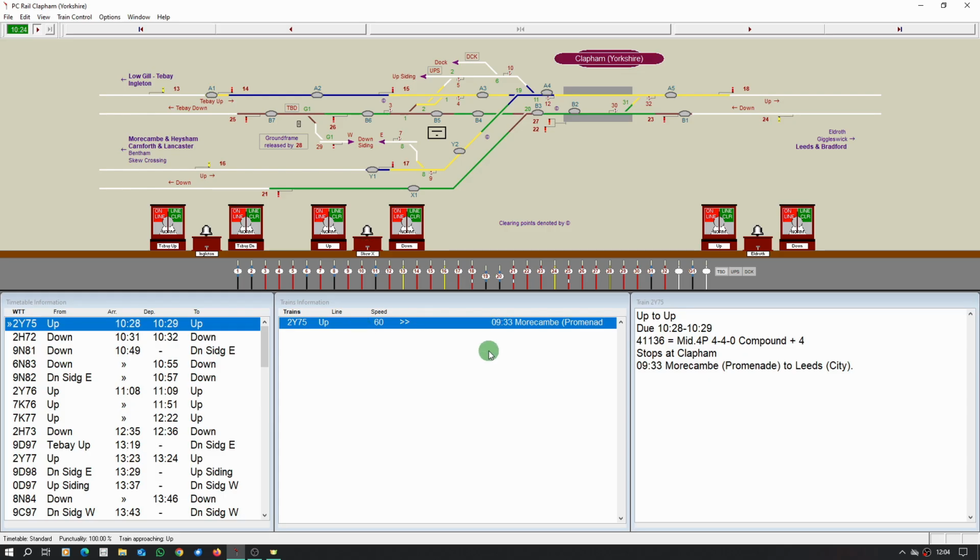So we've got this Class 2 offered Skew Crossing on the up. I can accept that. He's due at 10:28, so another 4 minutes for that one.